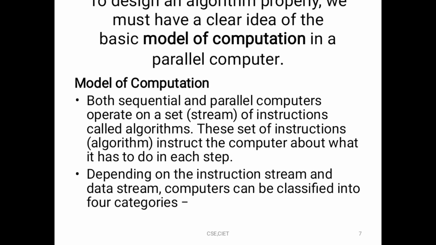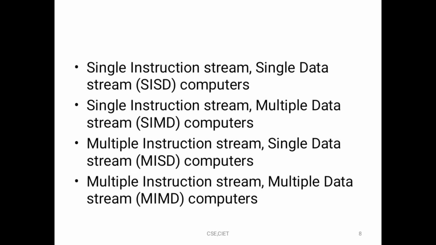Depending on the instruction stream and data stream, computers can be classified into four categories: single instruction stream, single data stream computers, that is SISD; single instruction stream, multiple data stream computers; multiple instruction stream, single data stream computers; and multiple instruction stream, multiple data stream computers. So these are the four types of models of computation.